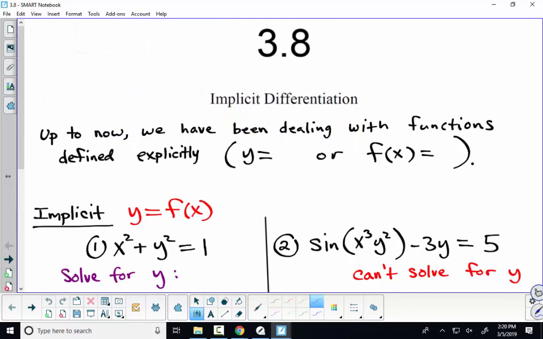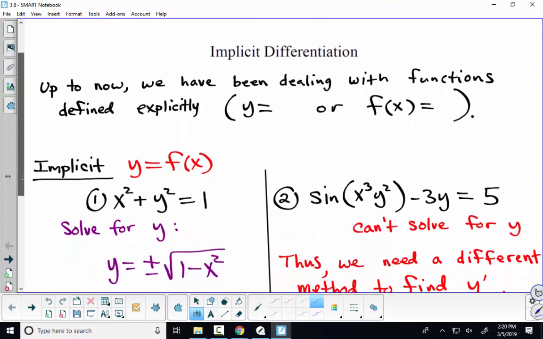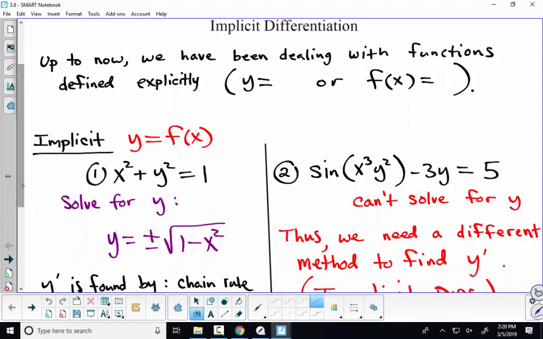All right, section 3.8, technique of implicit differentiation. You can think of how we've been taking the derivative up to this point as explicit differentiation, where we're given a function explicitly as y equals, like x squared plus 2x plus 1.